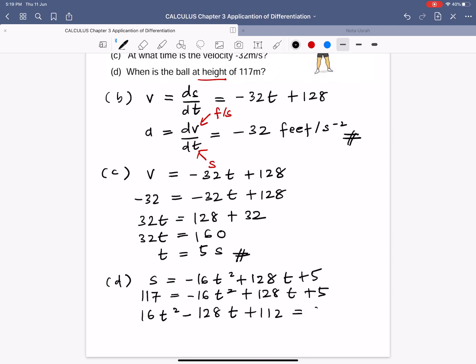Then we will factor out 16. 128 divided by 16 is 8, and 112 divided by 16 is 7.